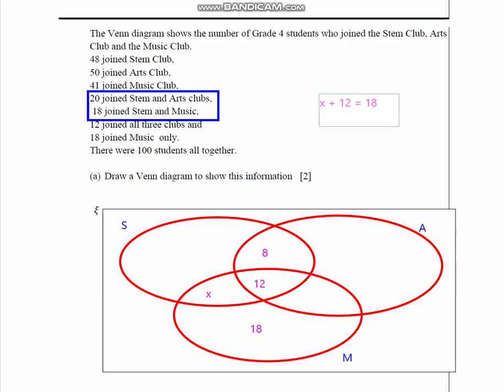Solving that linear equation, we first subtract 12 from both sides. x is equal to 18 minus 12, and then x is equal to 6. Now let's replace x with 6. This one goes 6. Nice.